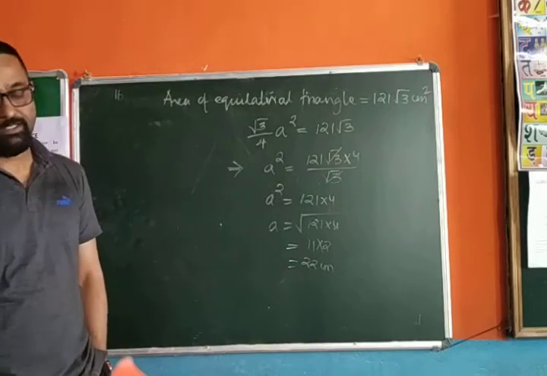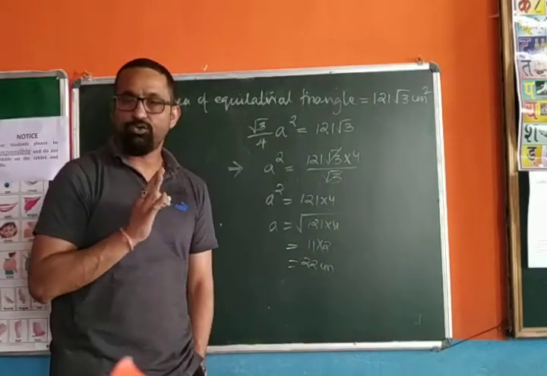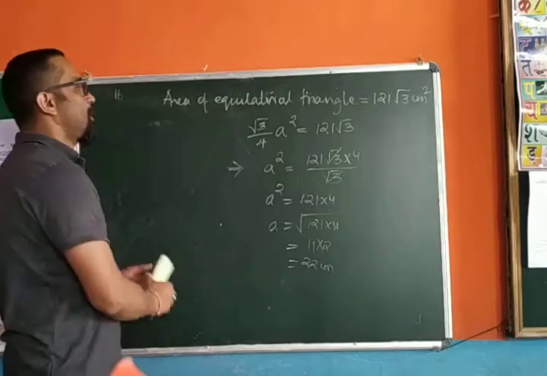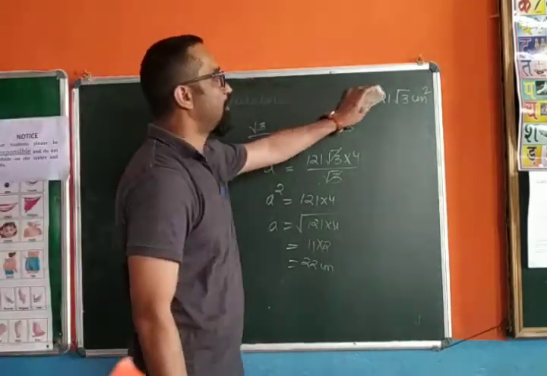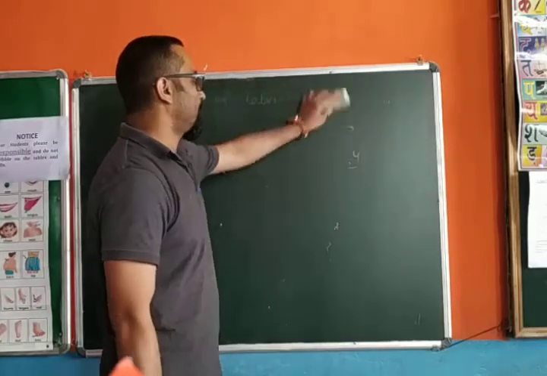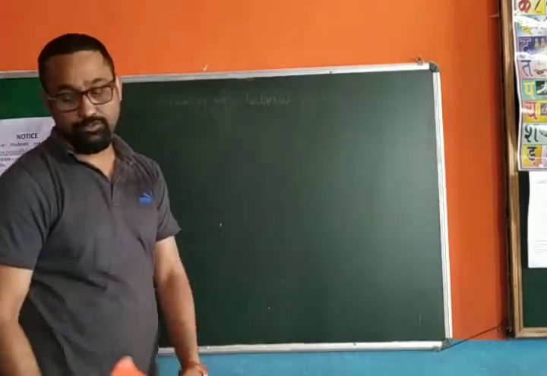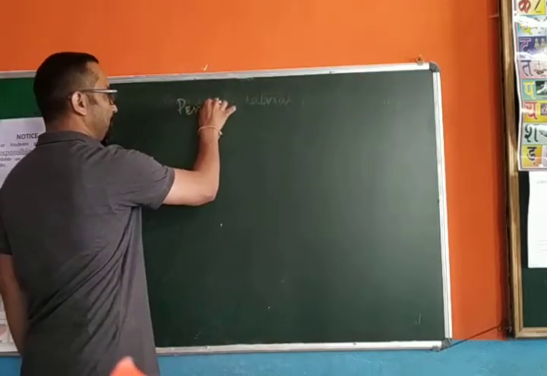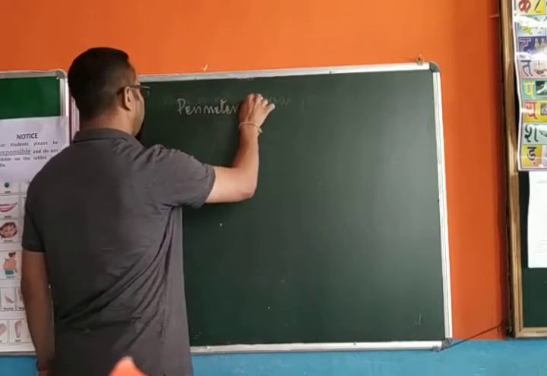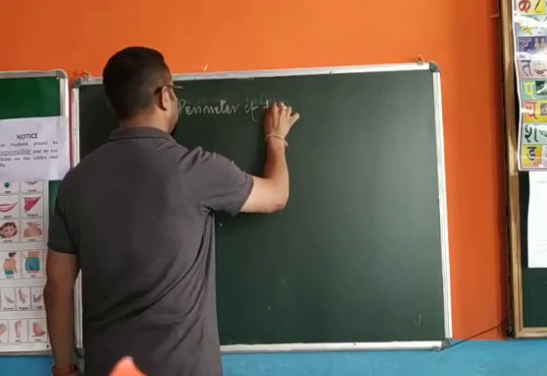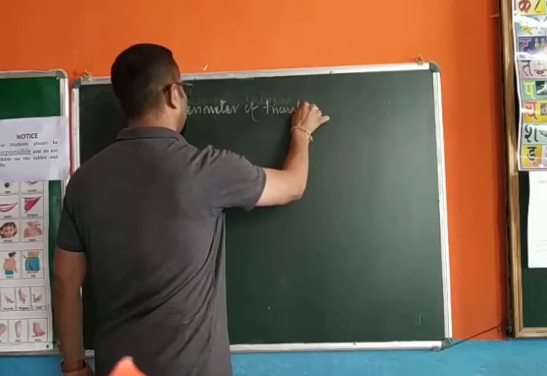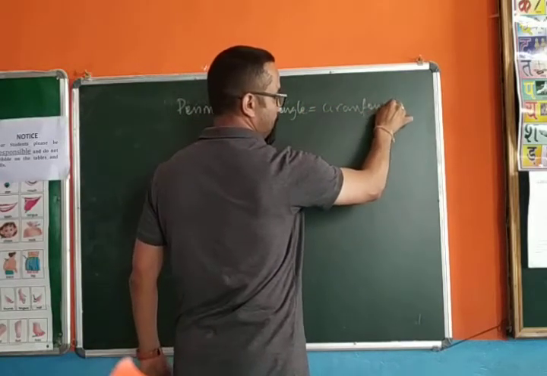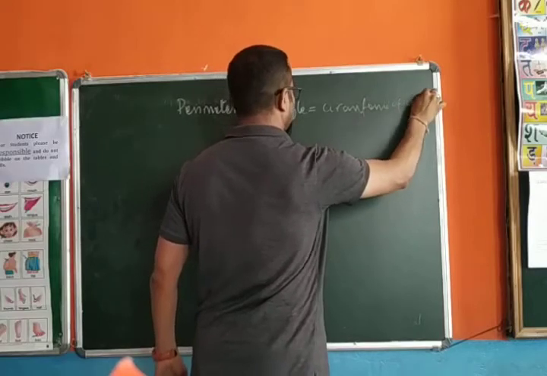You know the side. And once you know the side, you can calculate the perimeter of the triangle. And that perimeter of the triangle will be equal to the circumference of the circle. Perimeter of wire or triangle is equal to circumference of circle.